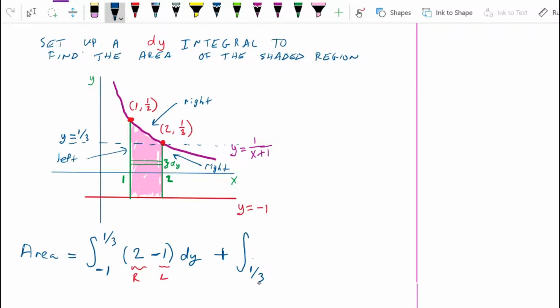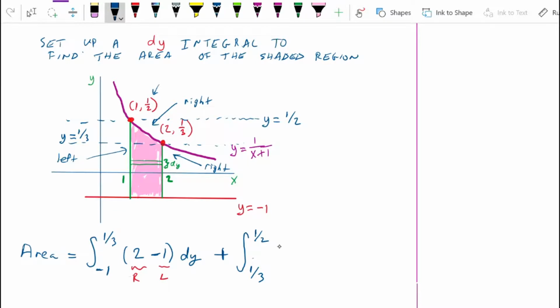And then from there, we need to go up to the top of the region. What you can see is that's going to be up to this horizontal line. The y part of the coordinate gives us the y value of that line, so that's going to be 1/2. And so we integrate from 1/3 up to 1/2, and then we do right minus left.